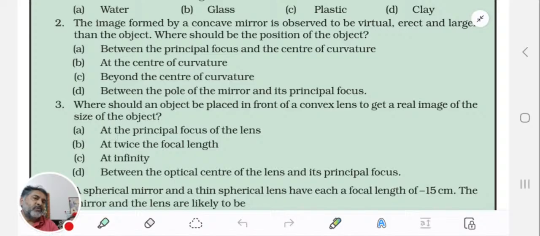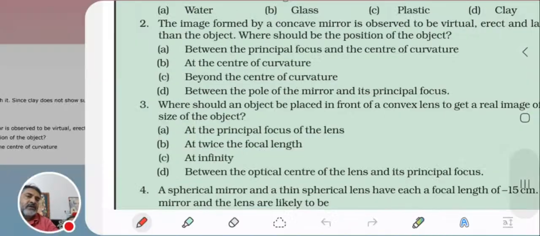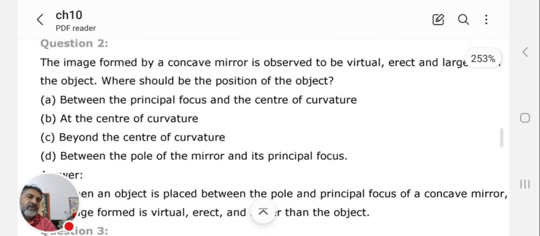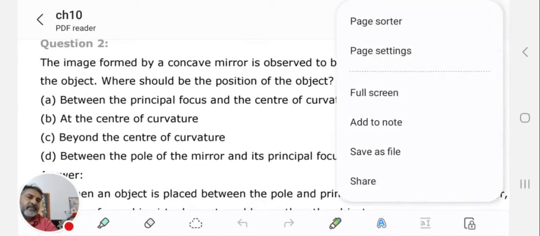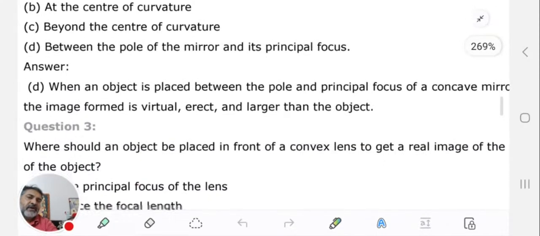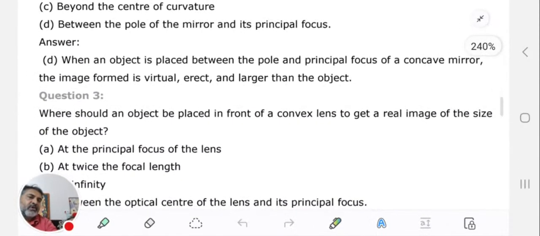Where should be the position of the object? Answer: when an object is placed between the pole and principal focus of a concave mirror, the image formed is virtual, erect and larger than the object. Clear?